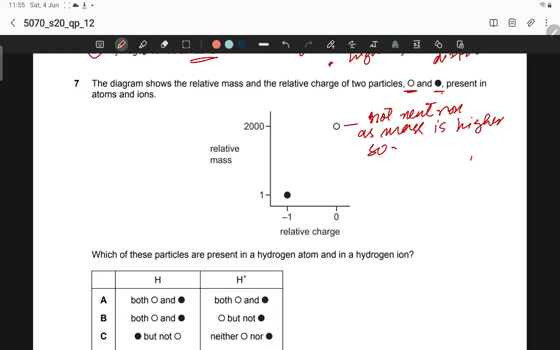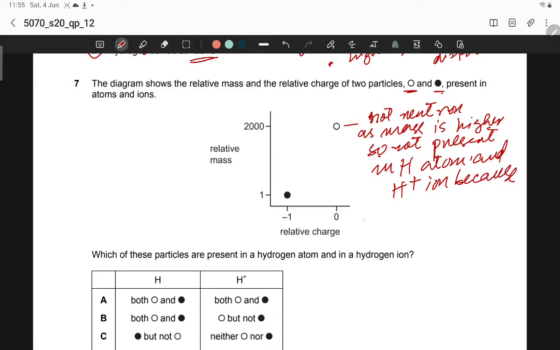So not present in hydrogen atom and hydrogen ion, because neutron is absent in hydrogen atom and hydrogen ion.